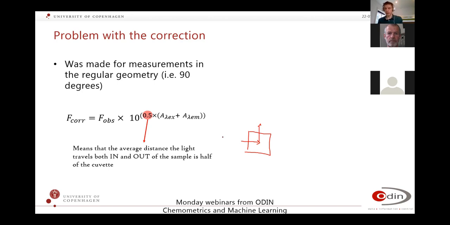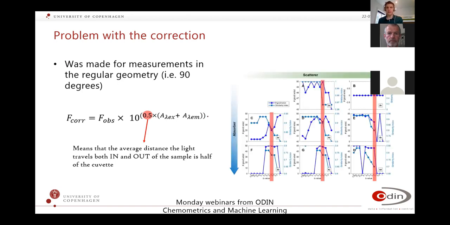So what Marta did together with Marianne and me some time ago was to play around with this number here. I'm not going to go into detail here because this is a rather dense figure. But you can see here at the bottom, it says 0.5 here in the red areas. So this is what is normally done.